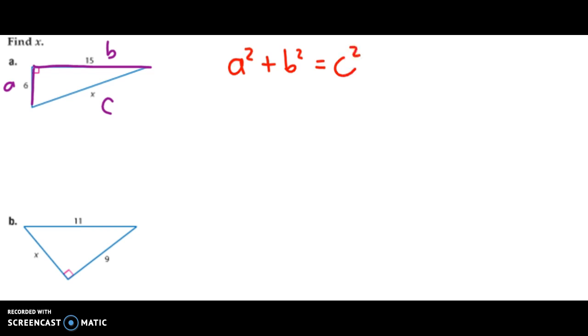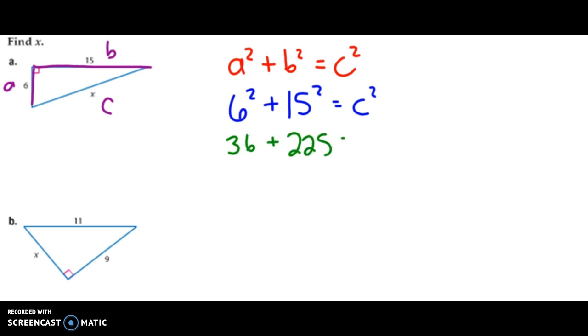So plug in the numbers that we know. 6 squared plus 15 squared is going to be equal to C squared. Well, 6 squared is 36, 15 squared is 225, and C squared is what we don't know. We add those together, 36 plus 225 is going to be 261, and that's equal to C squared.